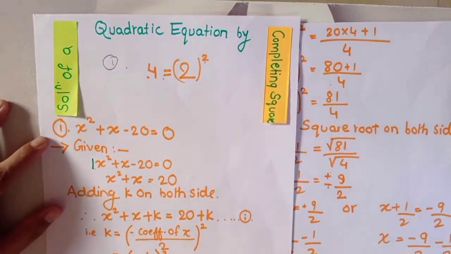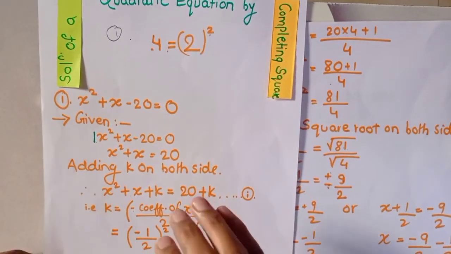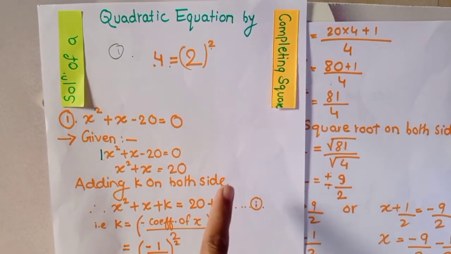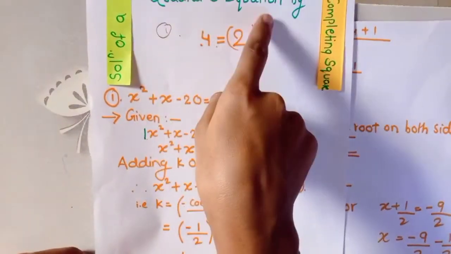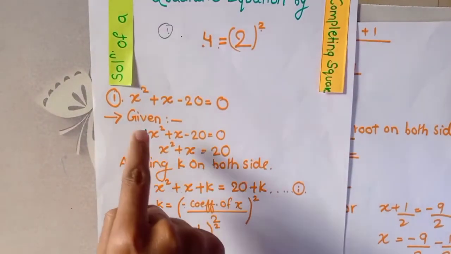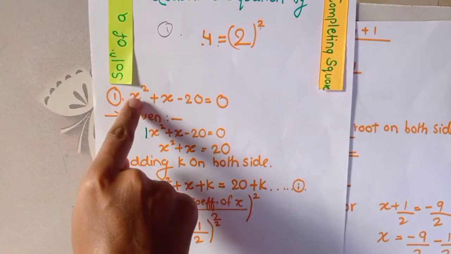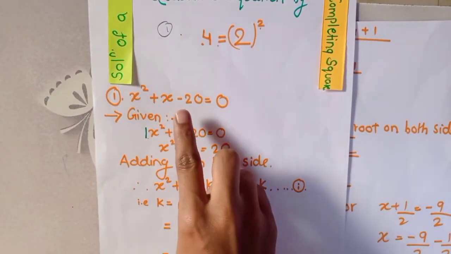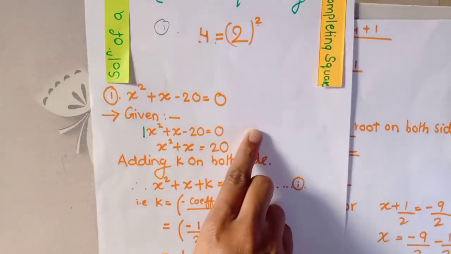We will take a short glance at the two examples that we have solved in this video. Quadratic equation by completing square method. First example, having the coefficient of x square as 1. The second step is taking the constant towards the RHS.